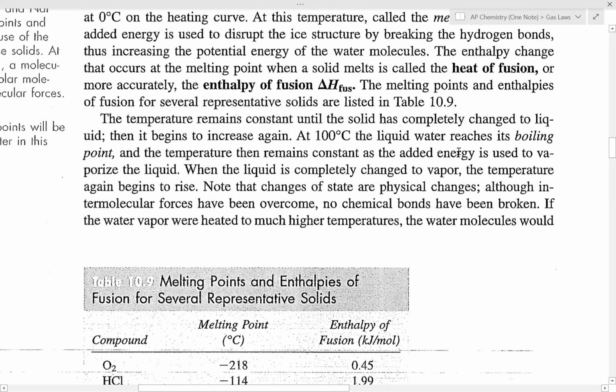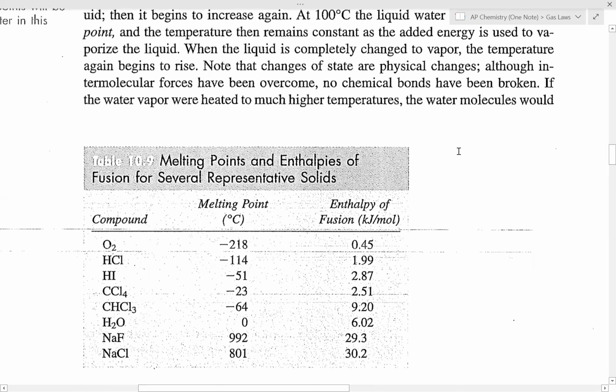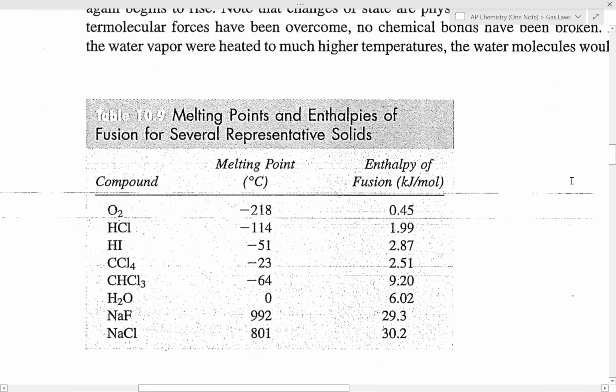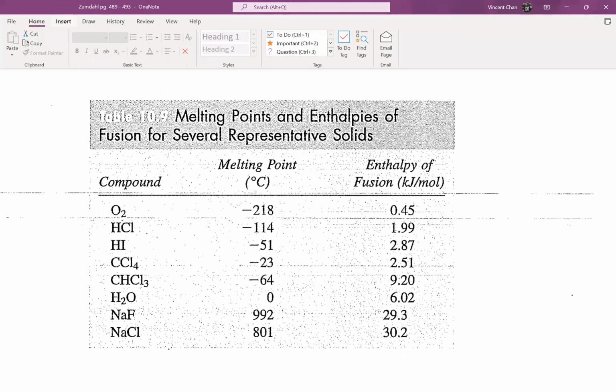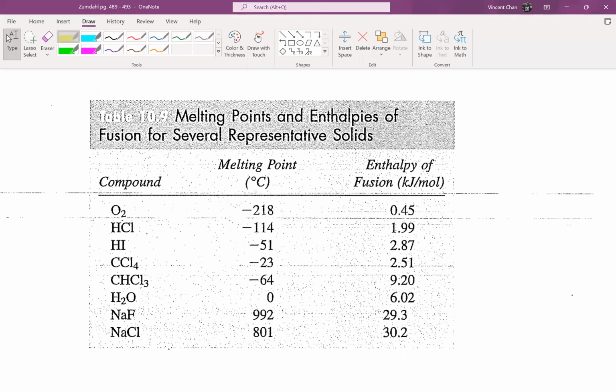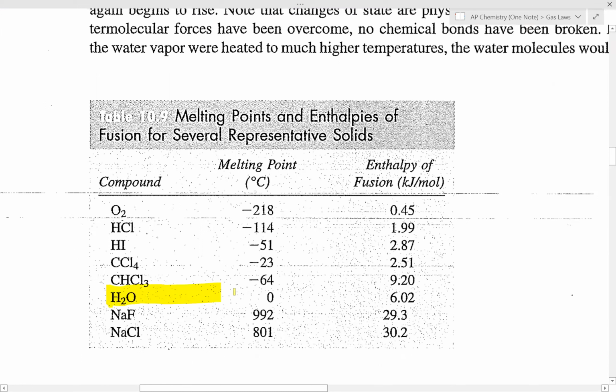Now, on the bottom of page 490 there is a table. And if you notice water here, to melt water at its melting point, it takes about 6.02 kilojoules for every mole of water molecules.